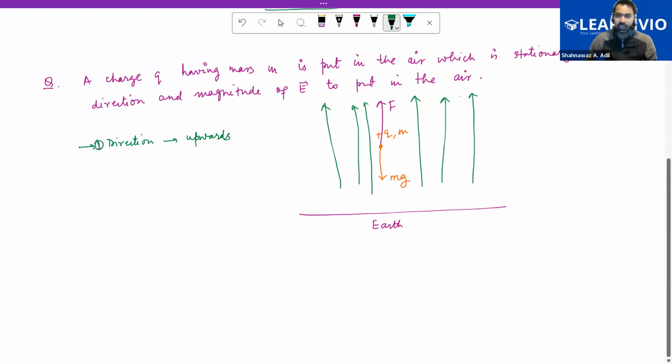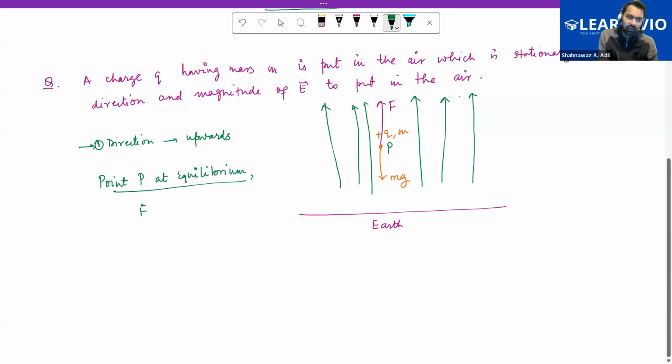This one part is clear. Now, what would be the magnitude of this? We know that these two are balancing, at equilibrium. Let's say point P is at equilibrium, which means both the forces are balancing, equal.